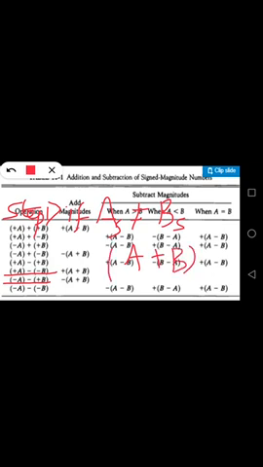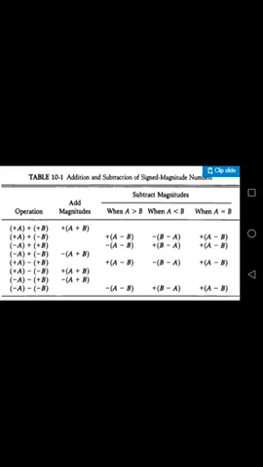It is quite opposite to addition. In addition, if the sign bit of A and the sign bit of B are the same, both positive or both negative, you do addition. But when it comes to subtraction, it is opposite. When the sign bits of A and B are different, you do addition. So that's what he is trying to explain here.